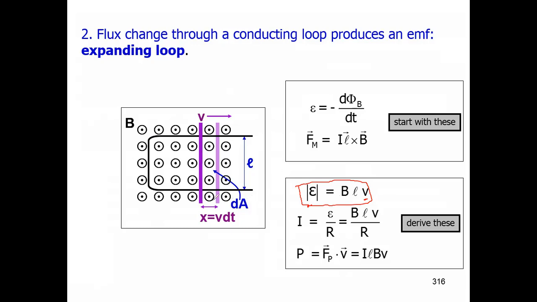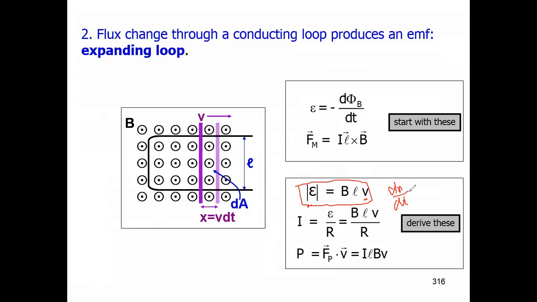L is the length of this, and there is a displacement along this. The x displacement is changing with respect to time. So once we go to the differentiation, we get dx upon dt.